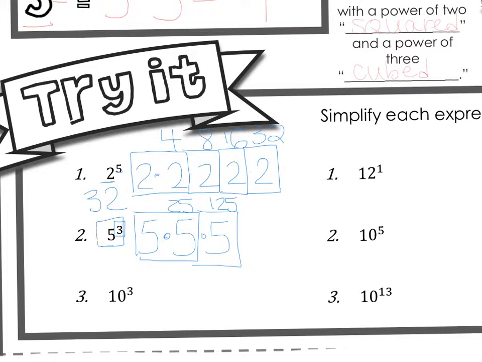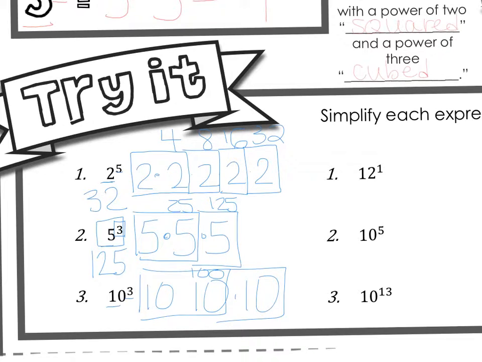So 5 to the 3rd is exponential form, and the standard form of that is 125. Number 3, 10 to the 3rd power. That means to take 10 times itself 3 times. So 10 times 10 times 10. 10 times 10 is 100, and 100 times 10 is 1,000. So 10 to the 3rd, or 10 cubed, is 1,000.